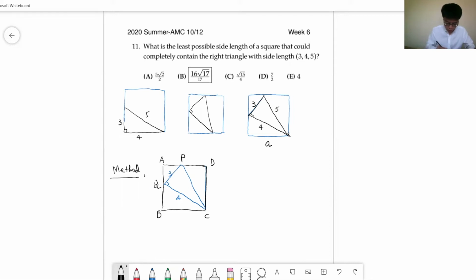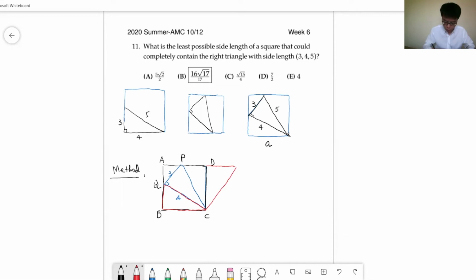Okay. I will rotate the triangle BCQ. So triangle BCQ, I rotate this by 90 degrees clockwise. So I will get triangle here. Okay.